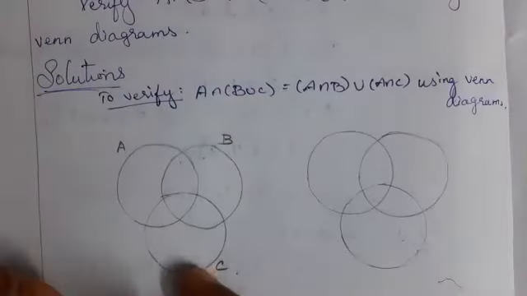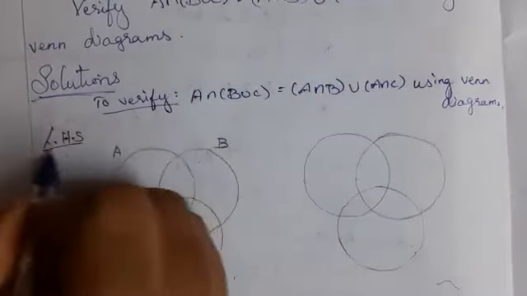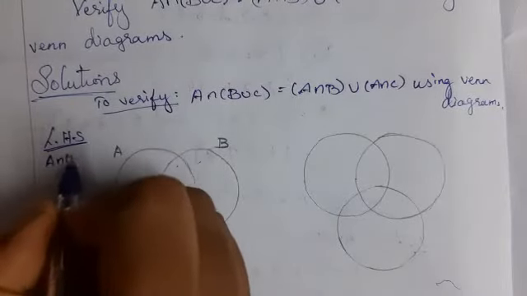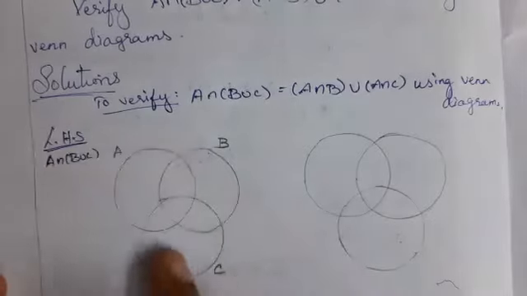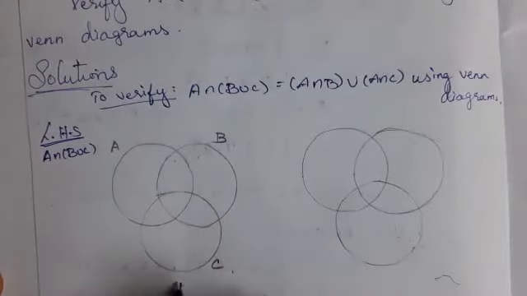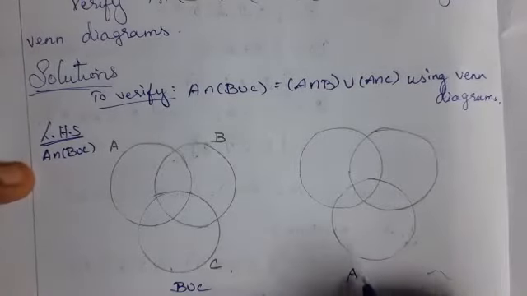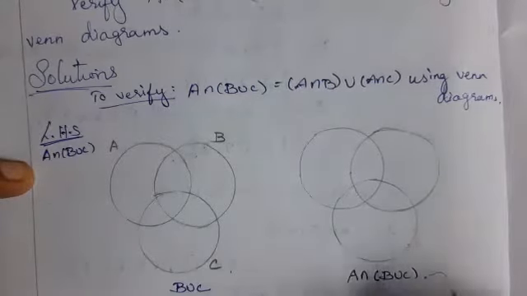For the left hand side, that is A intersection B union C, you draw 2 diagrams. One is for only B union C. Next, you must find the left hand side, A intersection B union C.